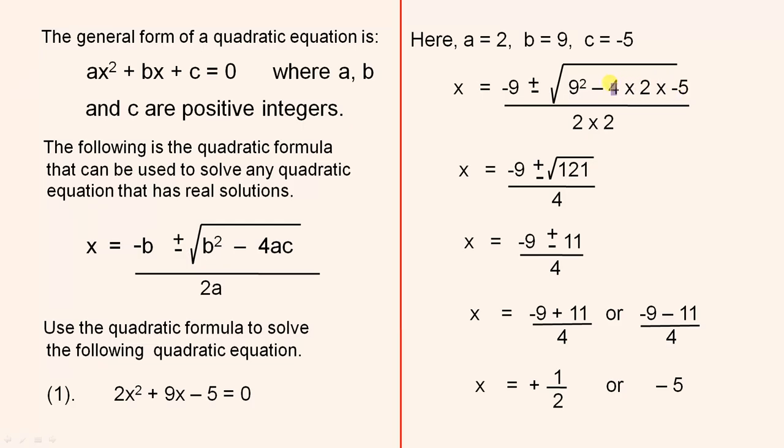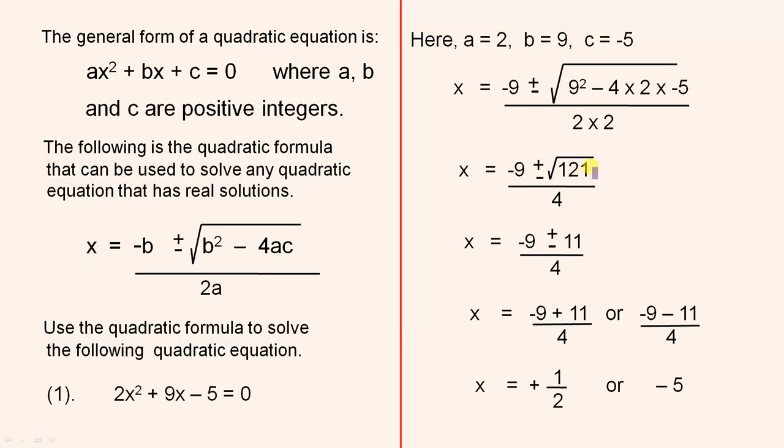Now when you simplify all this, because we know minus times minus is a plus, we really get 9 squared plus 40, because minus 4 times 2 times negative 5 is plus 40. So 81 plus 40 gives us 121. So we have minus 9 plus or minus the square root of 121 over 2 2's are 4. So now it's looking much better.